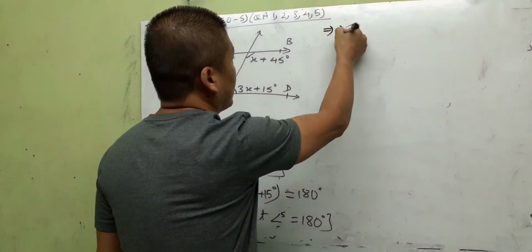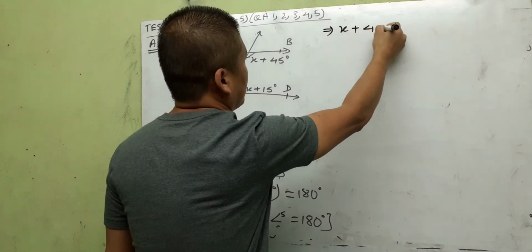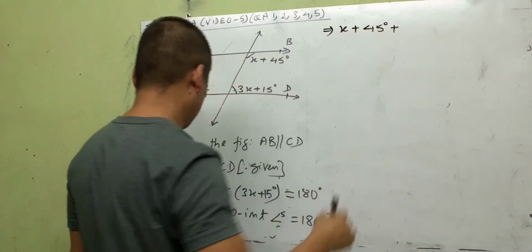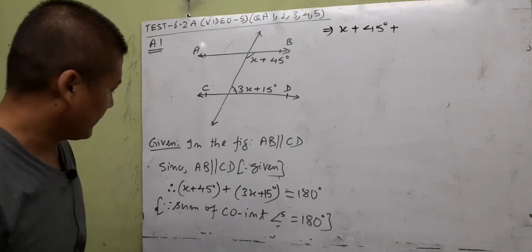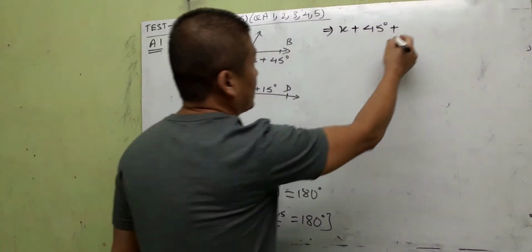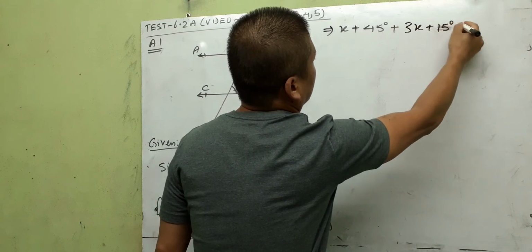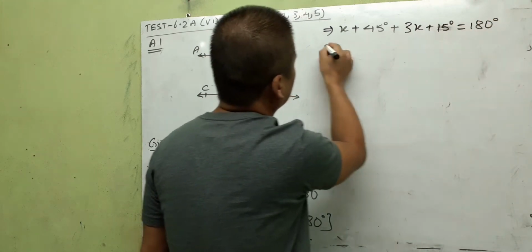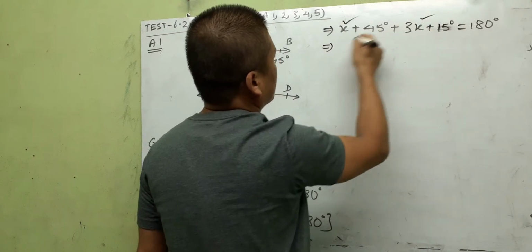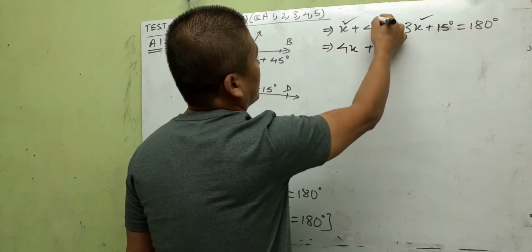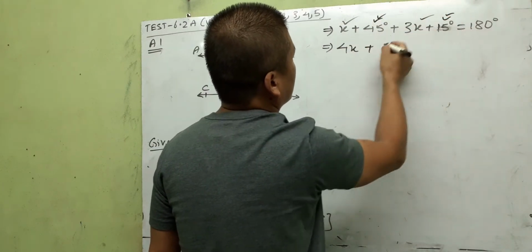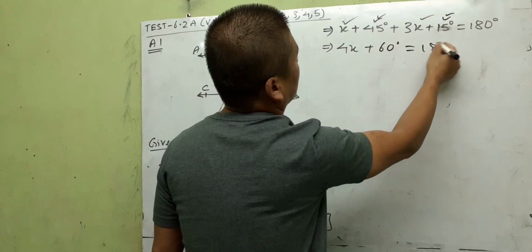That implies here x plus 45 degree plus 3x plus 15 degree. You can remove the bracket now. 15 degree is equal to 180 degree. x plus 3x is 4x, plus these two, 45 plus 15 is 60 degree, equals 180 degree.